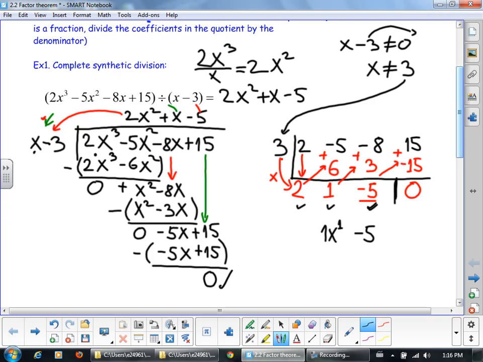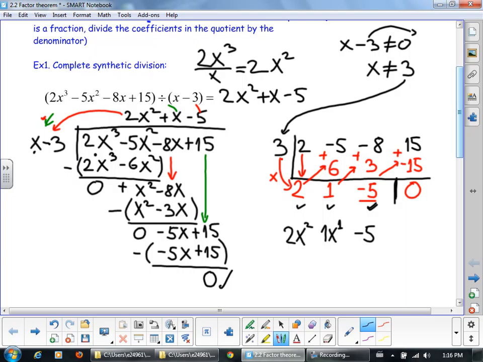The next number over represents x to the power of 2. So in this case, it's 2x to the power of 2. So we're just placing the coefficient in front of the corresponding variable and the exponent. If we had more numbers to the left of 2, we would just keep going and increasing the exponent. So we would have x to the power of 3, x to the power of 4, and so on.